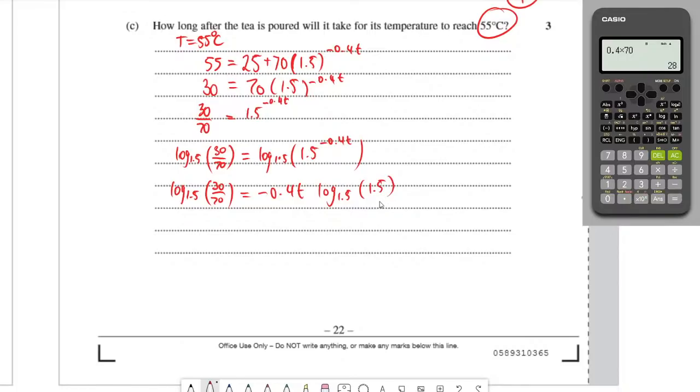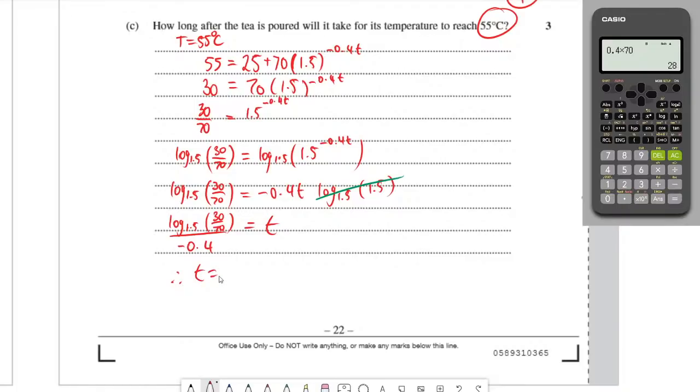And the cool thing about that is that log base 1.5 of 1.5, in other words, 1.5 to the power of what is equal to 1.5, it's just 1. And then finally we just need to divide by negative 0.4. So we get log base 1.5 of 30 on 70 over negative 0.4 is equal to t.